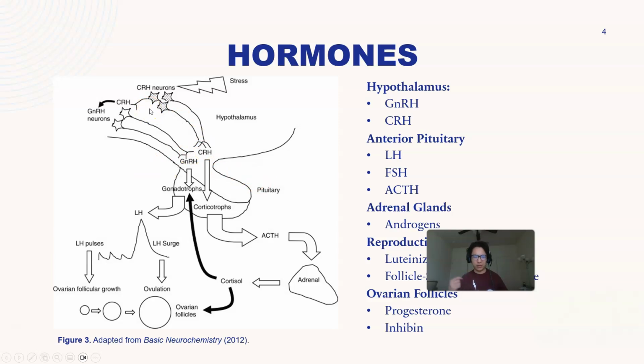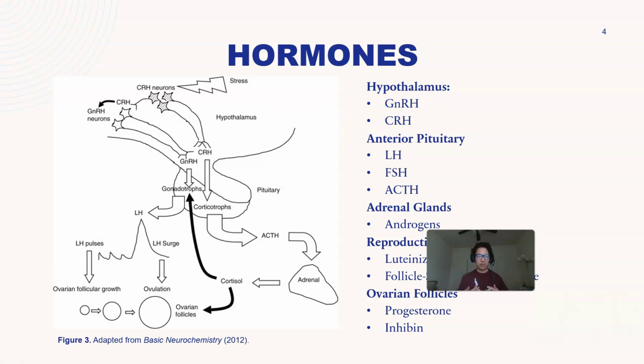As you can see, I've bolded these: the hypothalamus, the anterior pituitary gland, the adrenal glands, reproductive glands, and ovarian follicles, some of which I mentioned on the previous slide. These hormones respond to stimuli, whether that be a presence or an absence of something in our blood. And they also have the effectors, which are these organs that I've highlighted.